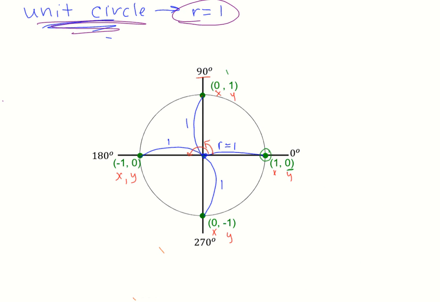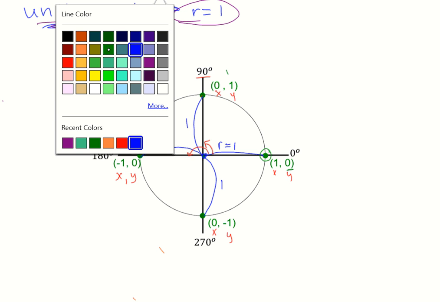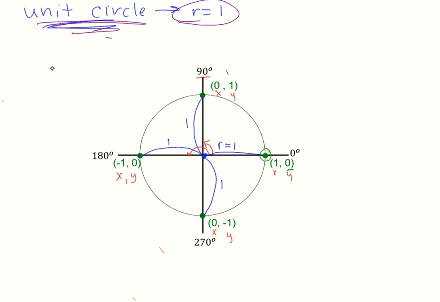Okay, so now what about tangent? Tangent's formula was the y value over the x, which means the y coordinate over the x coordinate. Okay, let's try 0.